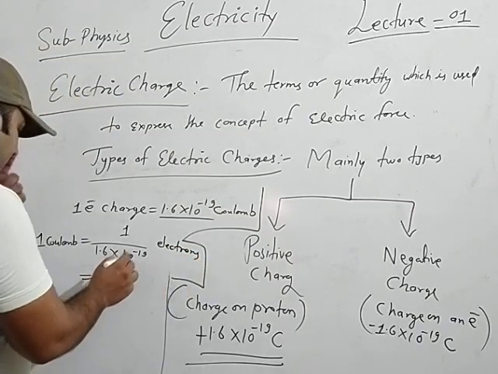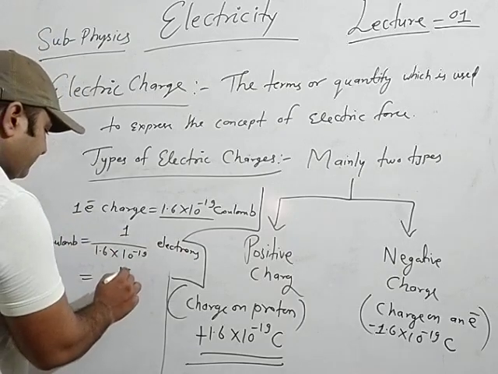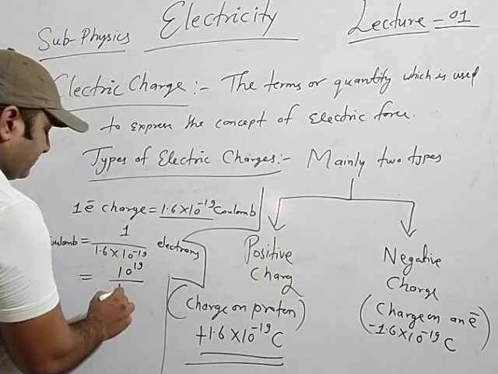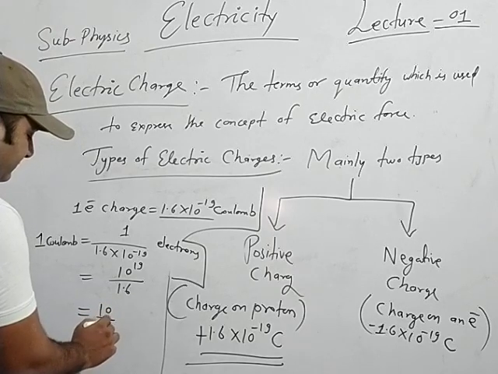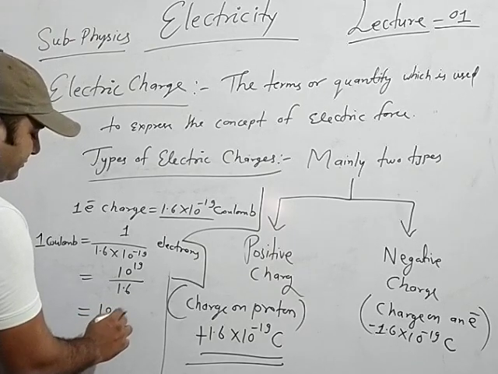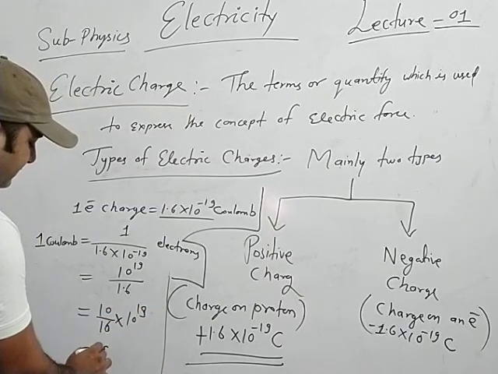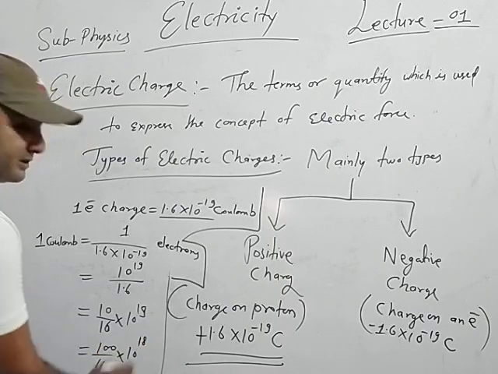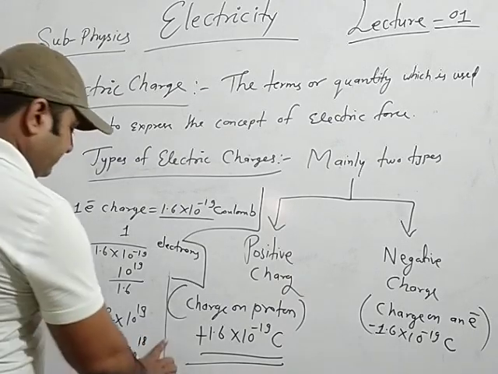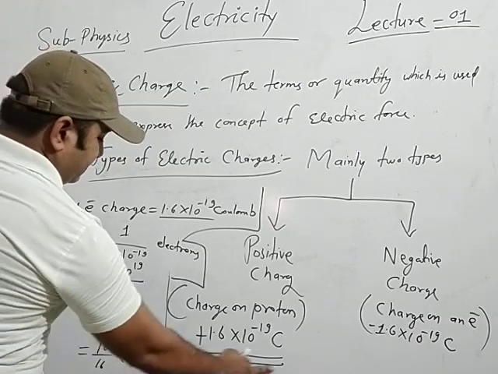And this minus 19 power, raised upward, will be 10 power 19 upon 1.6. So 10 upon 16 into 10 power 19. Further, 100 upon 16 into 10 power 18 electrons.